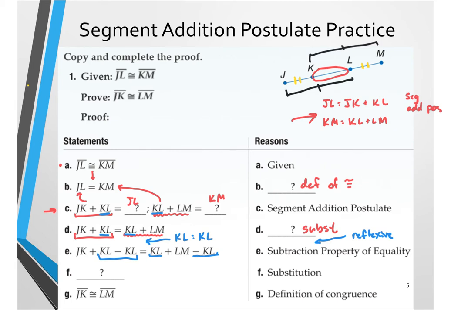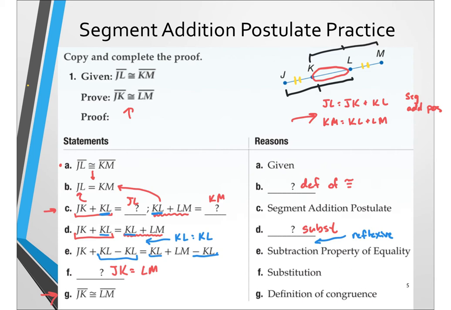All right, once I subtract it, I am then left with JK is equal to LM, which is what I wanted. But my proof has congruency symbols, so I need to change that back to congruency symbols. And that's this last step. JK is congruent to LM. All right, and that is this proof.